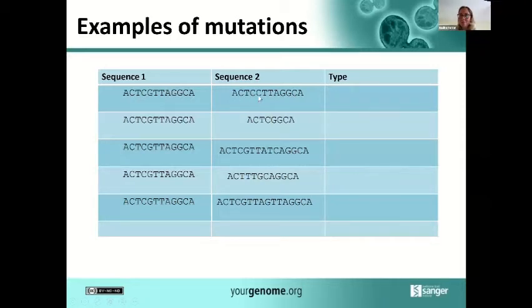Then the next one here is a C, but in this one it's a G. This mutation is called a substitution, because what's happened is the G has been changed to a C. So the DNA sequence has changed a little bit. The next one's a bit easier to spot. You can see that this is much shorter. Some of the bases have been removed, so we just call it a deletion.